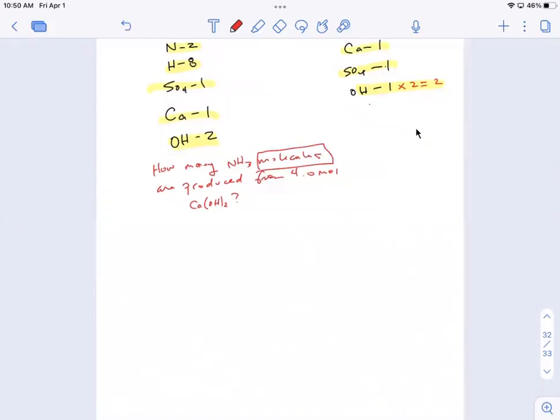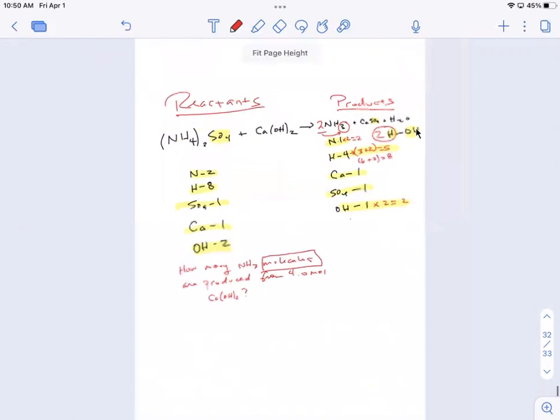But we need to find moles first, because moles is our central unit. We can go from moles to anything based on molar mass, or molarity or mass or whatever. We can get anything from that. So let's first look for our ratio. What's the ratio of calcium hydroxide to NH3 in this balanced equation?